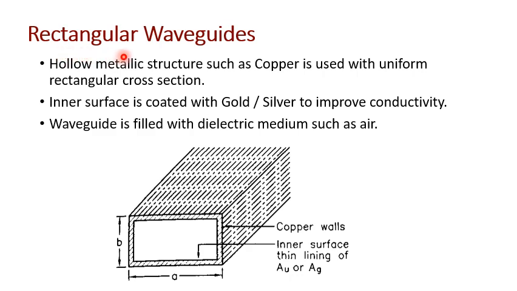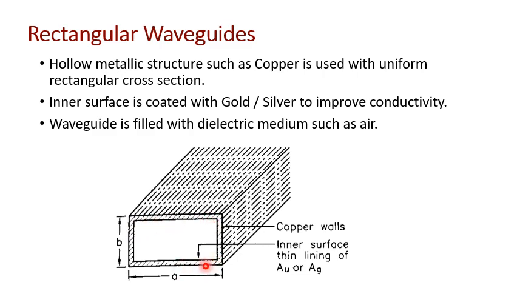Now we will look into the structure of a rectangular waveguide. It's basically a hollow metallic structure, such as copper, and here you can see that the cross section is rectangular in shape. The inner surface of the waveguide is coated with a thin lining of materials such as gold or silver.